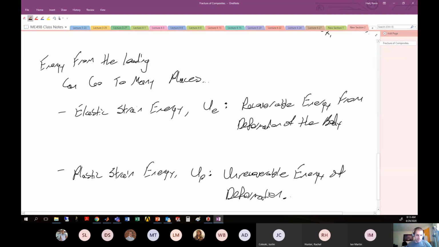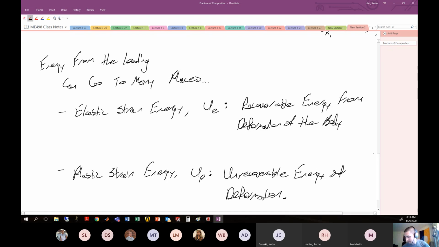Hopefully you saw plasticity in your material science class. You loaded up some steel member or some aluminum member until it started necking. And then when you release the load, there's that permanent deformation that exists there. That's the energy associated with permanently deforming the body from plasticity.